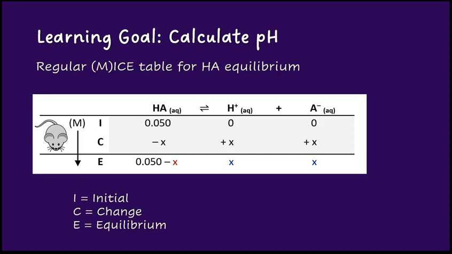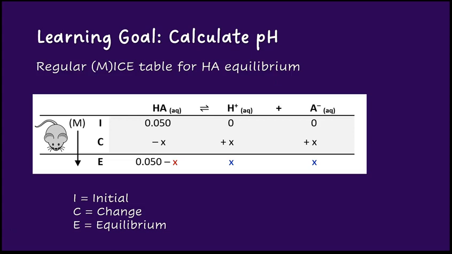To calculate the pH of a weak acid, we must set up a reaction table. When the units are molarity, I call these ICE tables. This sample ICE table shows the general layout. Notice that the chemical equation at the top is for the dissociation of a weak acid having the generic formula HA. The rows are set up as I for initial, C for change, and E for equilibrium.